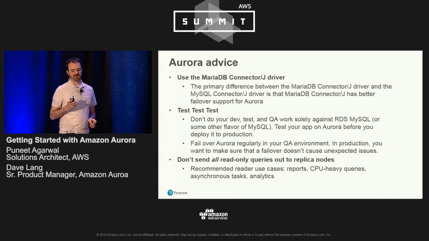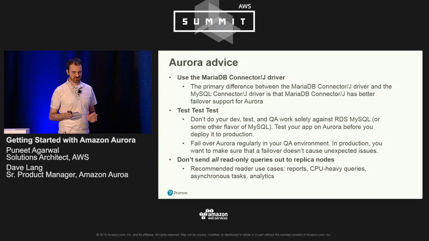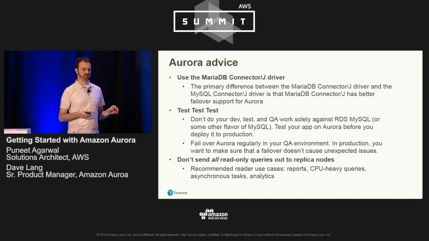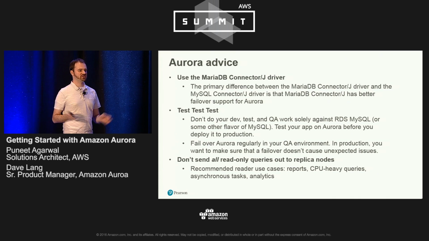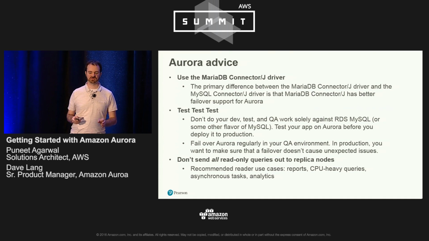So if you're running CPU-heavy queries against Aurora, they're still going to be slow on MySQL or traditional EC2 infrastructure. They're probably still going to be just about as slow on Aurora. You're not going to get incredibly better query performance if you're doing a 30-table join with 1 billion rows in every table. It's still going to suck. You still have to optimize your code.